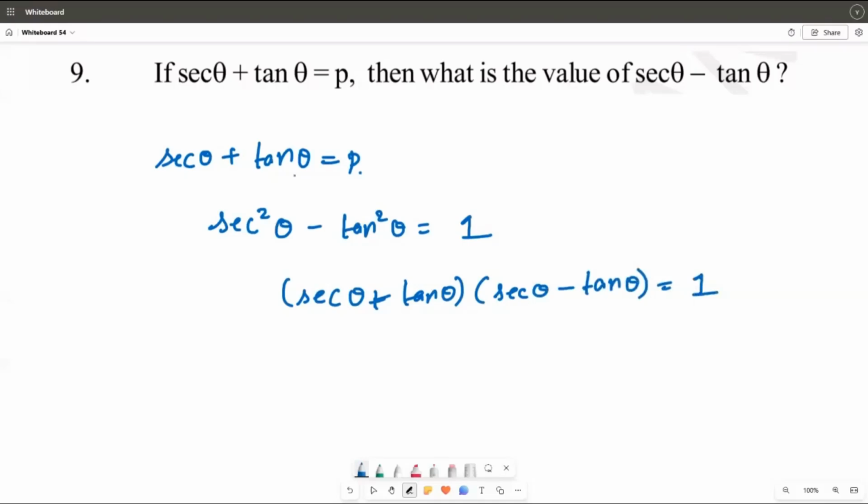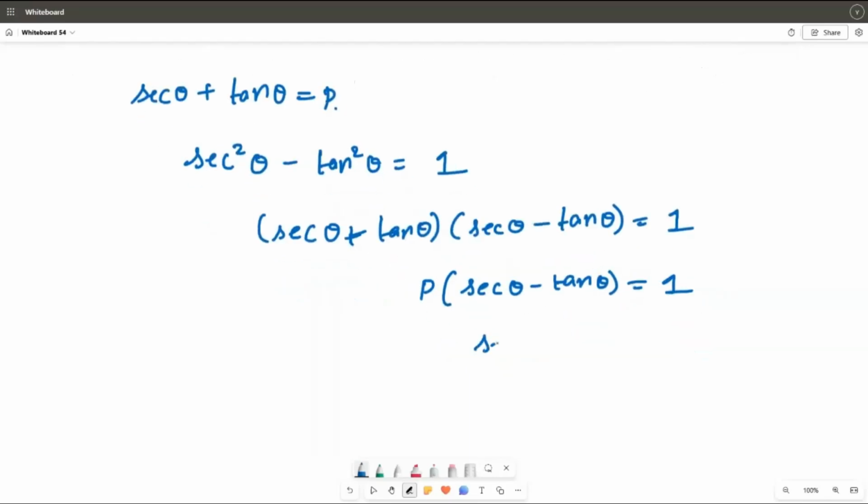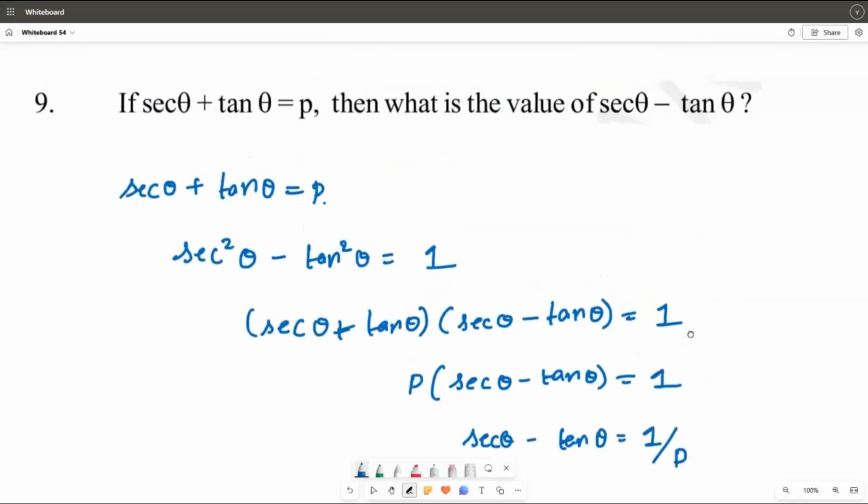And we know that secant theta plus tan theta equals p, that is given in the question. So p into secant theta minus tan theta is equal to 1. And if I bring the p to the right hand side of the equation, then I would get the answer. That is, secant theta minus tan theta is equal to 1 by p. That is the value they told us to find.